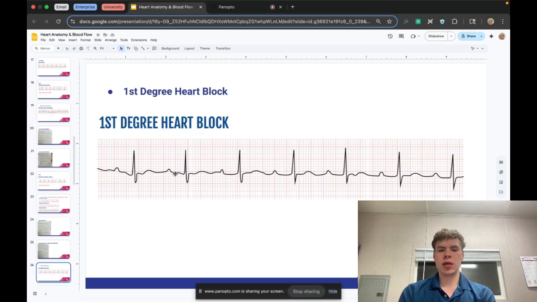So as you can see here, the P wave is getting farther apart from the QRS, as opposed to, you see this, right? That's known as a first degree heart block, which is really not serious at all, but that's what it means. The P wave is getting farther away from the QRS with each progressive beat.